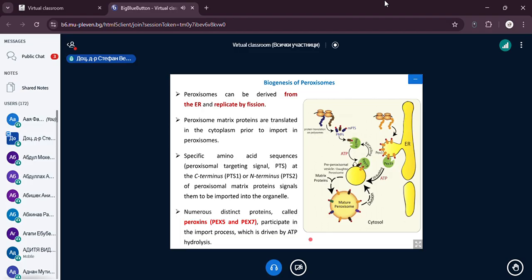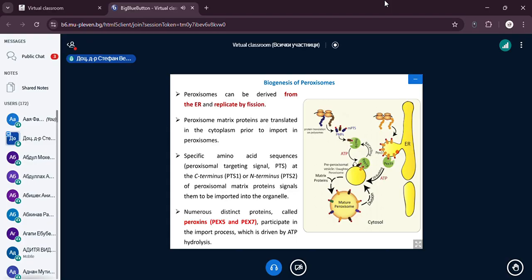They can be derived from the endoplasmic reticulum, and they can also replicate by fission like mitochondria. When they are produced de novo, initially from the endoplasmic reticulum, empty peroxisomes are produced.